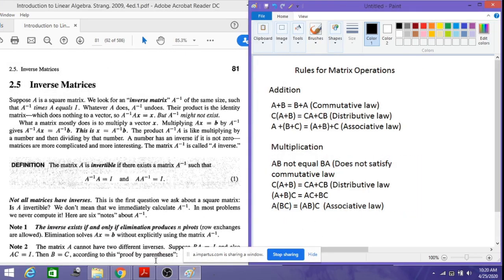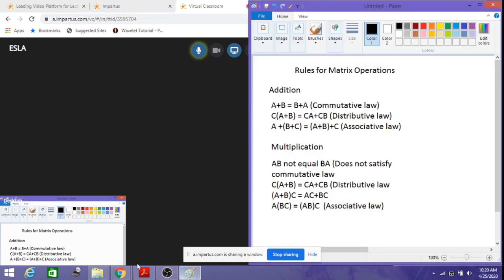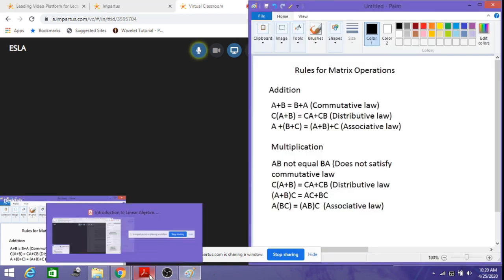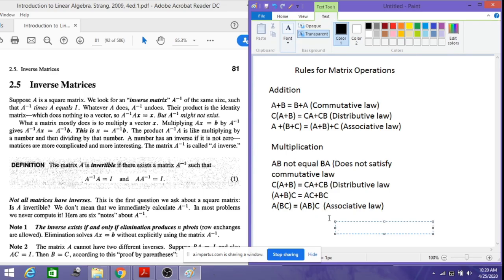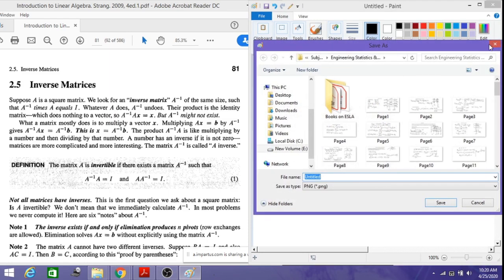Now I'll talk about the inverse of the matrix. We'll see how to find the inverse of the matrix. Let me save this page here.